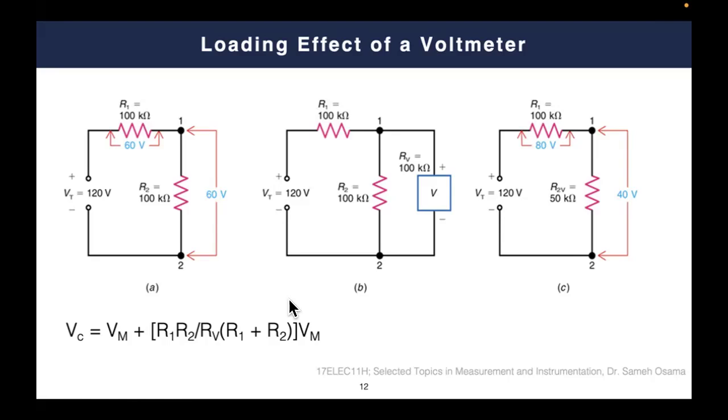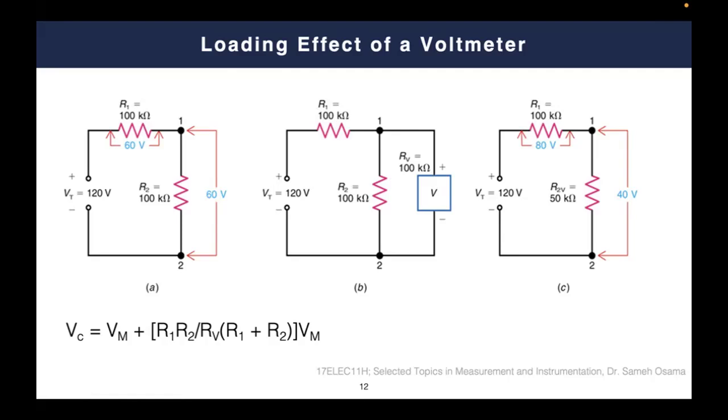So we go here and we bought a voltmeter and we connect the voltmeter in parallel as we already described. And let's assume that this voltmeter has an internal resistance of 100K. So what happens simply, my dear students, is that this resistance will be impacted by the 100K because now the voltmeter's 100K and this 100K are as if they are connected in parallel.